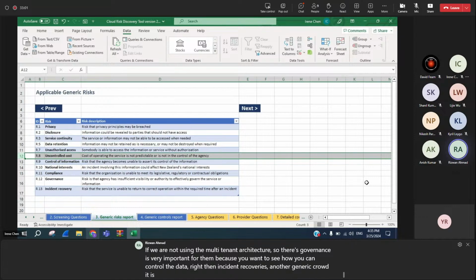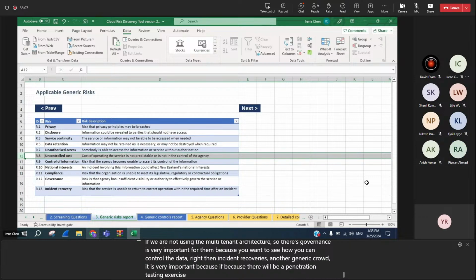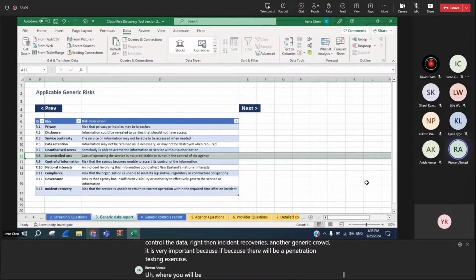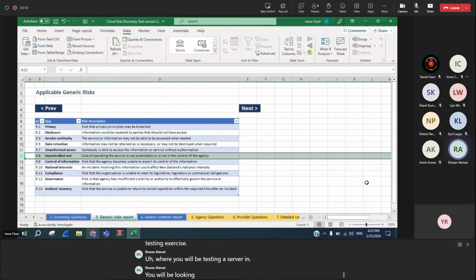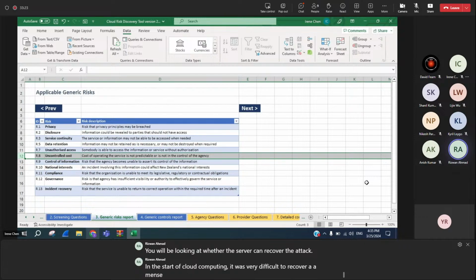It is very important, because there will be a penetration testing exercise where you will be testing a server, and you will be looking at whether the server can recover from the attack. In the start of cloud computing, it was very difficult to recover from a massive attack coming from hackers, but now it's easier.